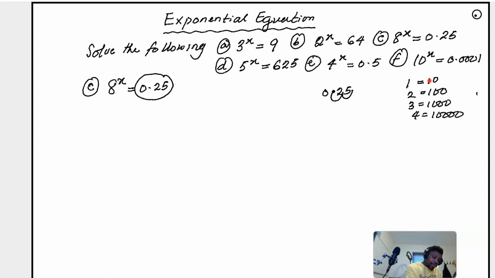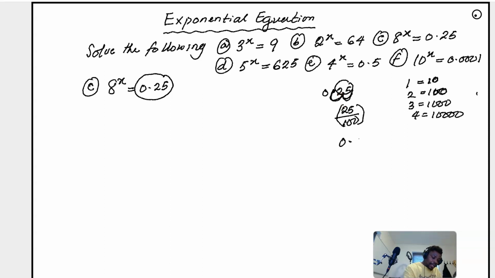So from the decimal I will count 1, 2. What is the number after the decimal? That is 25. So divided by, how many did I count? I counted 1, 2, that is 100. So 25 divided by 100 is the same thing as 0.25.